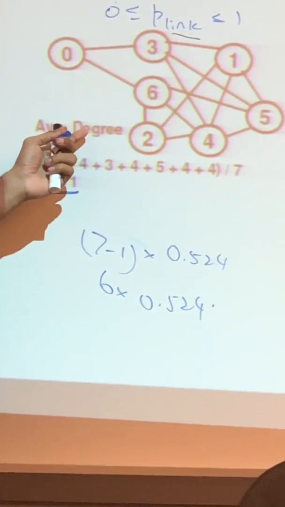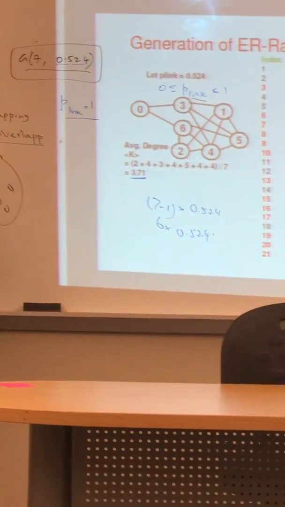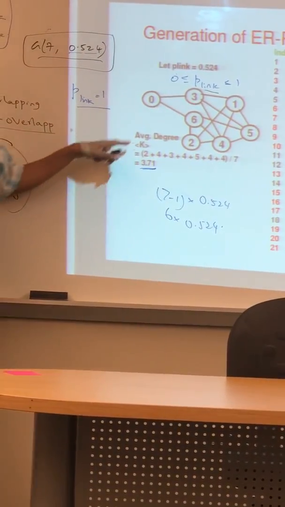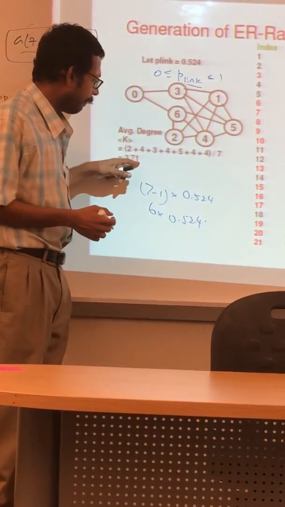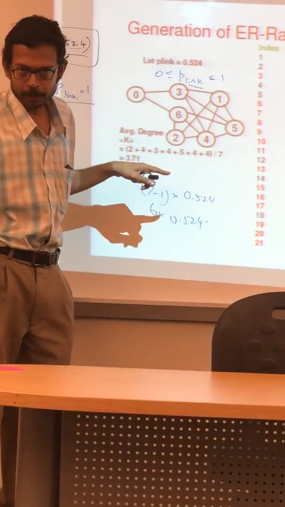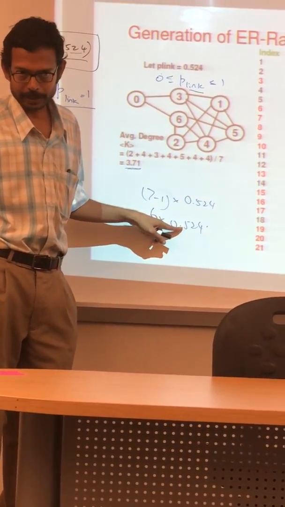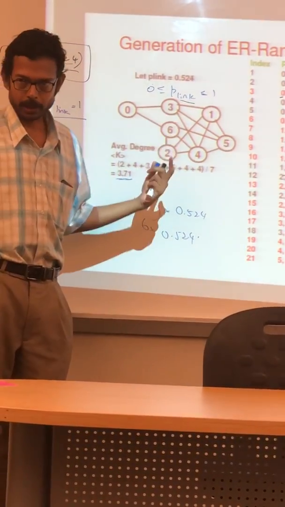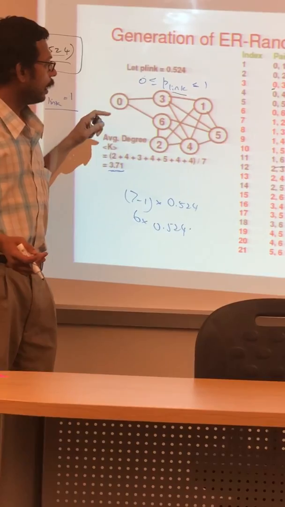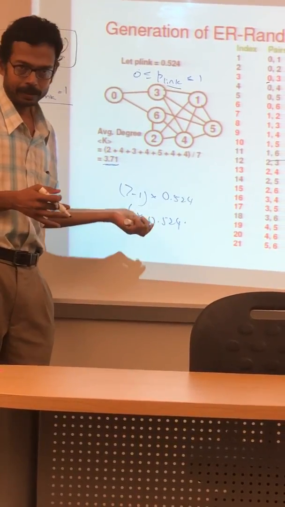So there are two things behind this. For a smaller graph like 6 or 7 vertices, the average degree that you get out of an experiment will more likely not match your theoretical expected value. So you have to really try on a larger network, I'll show a little later, to match the theory with what you get in practice.